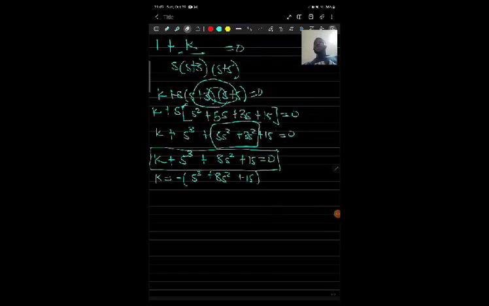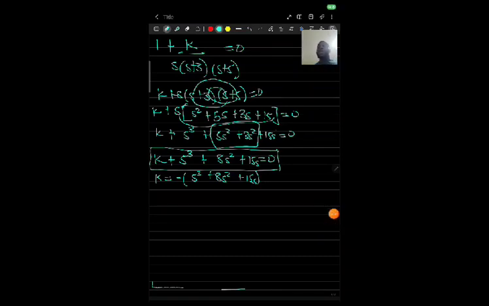Sorry, we have to add the s. The s which is multiplied here should multiply the 15. So we have 5s here, 5s here, 15s instead of 5s.